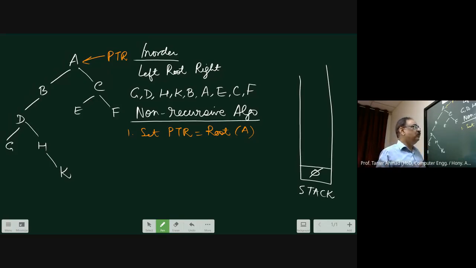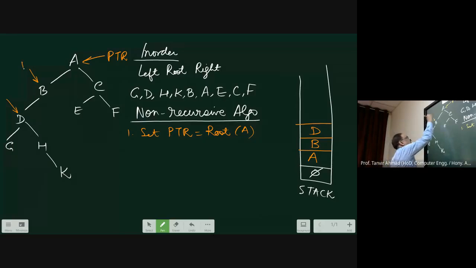A has a left child, therefore I will push A. Then I will come to B. B also has a left child, I will push B. Then I will reach D. D also has a left child, I will push D.